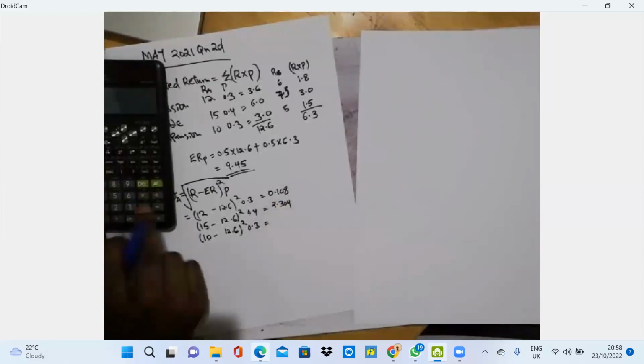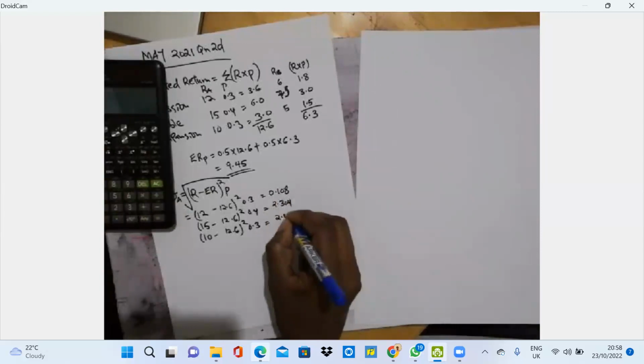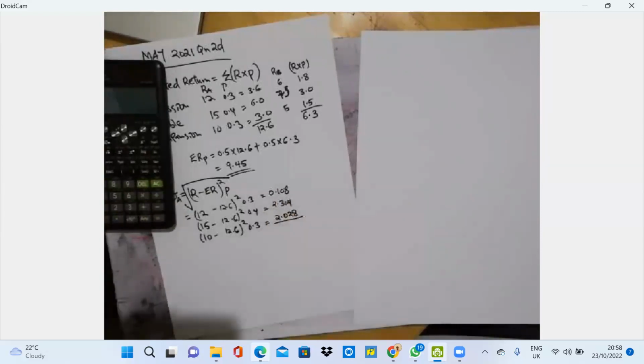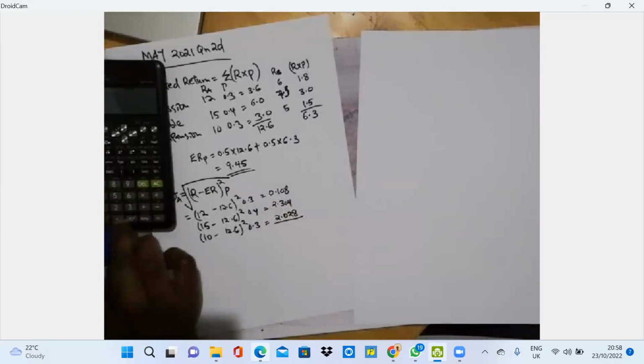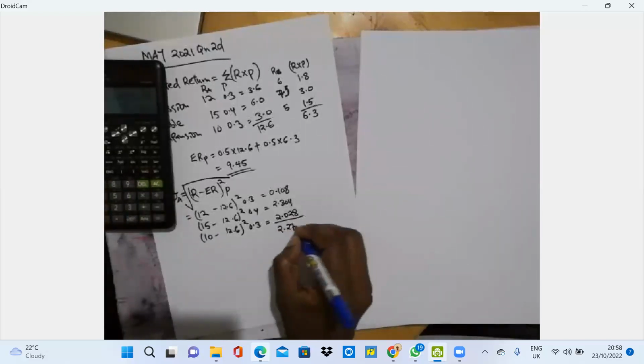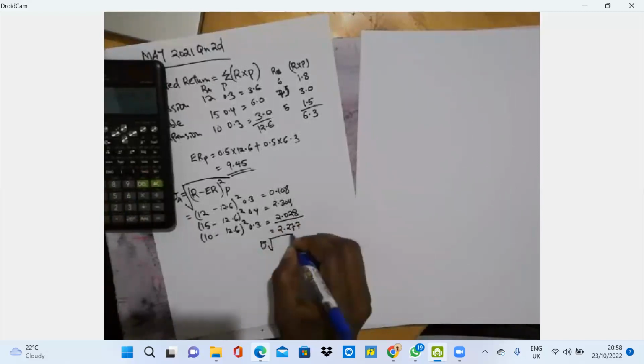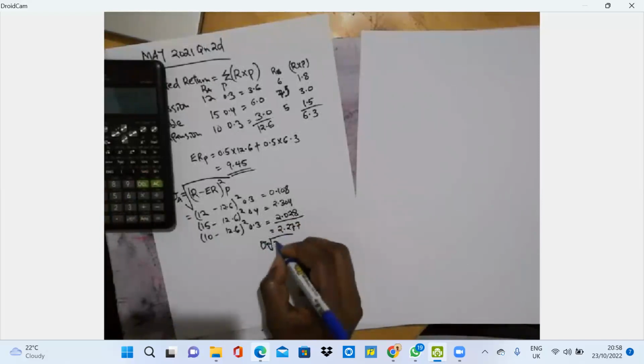And then 10 minus 12.6 squared multiplied by 0.3 gives 2.028. You get the total. That is our variance. To get our standard deviation, we take the square root.